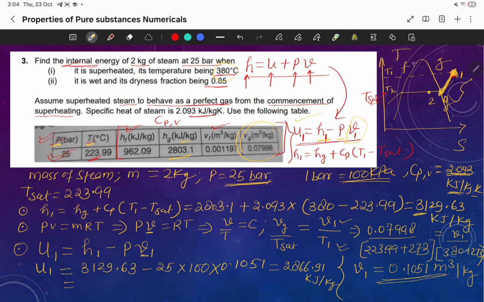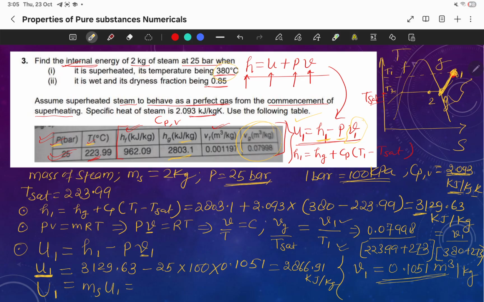Now you can see this is the specific internal energy, but the question is asking for internal energy, that is U1, which will be equal to m, the mass of steam. So let's take this ms into u1.